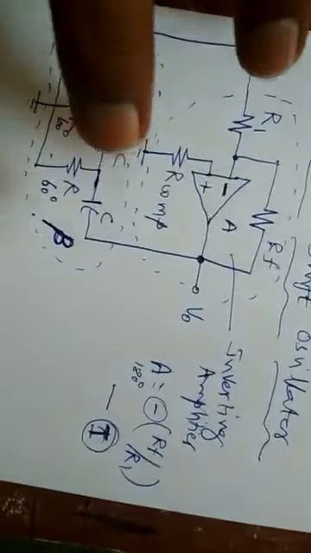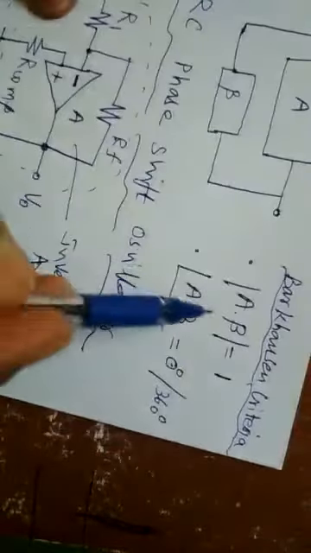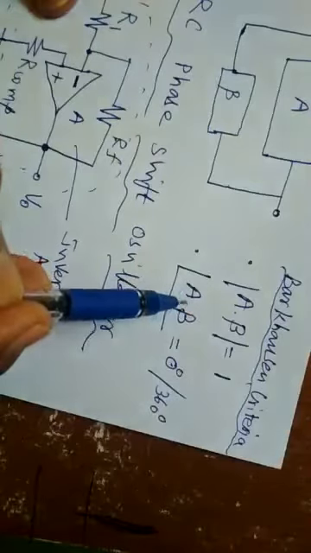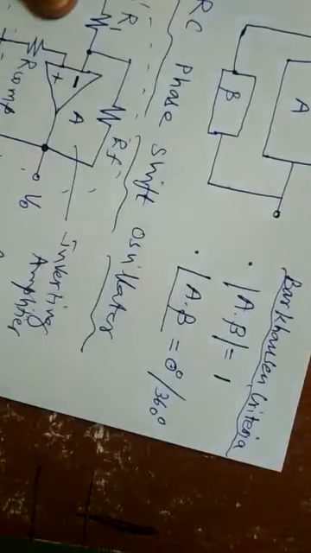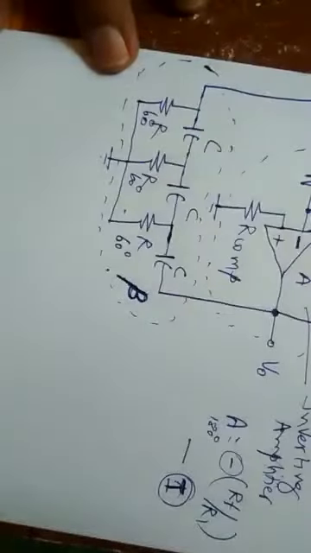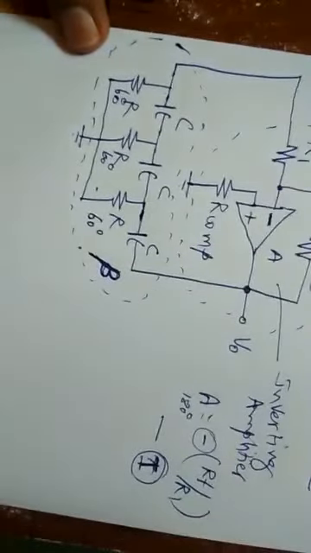So by considering the structure of this circuit, we will have 0 phase shift. So the second condition of the Barkhausen criterion, that the angle of the forward path and feedback path is 0 degree or 360 degree, is satisfied.